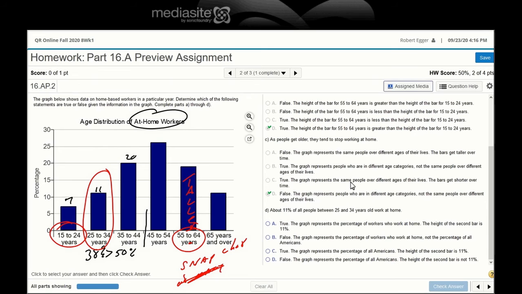Okay, now, yes, the graph does represent 11%, but it's 11% of people who are at-home workers. Now, what they're saying here is 11% of all people between 25 and 34 work at home. What the graph says is 11% of workers who work at home are between 25 and 34 years old.